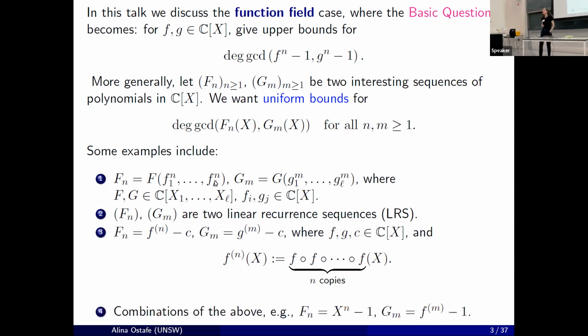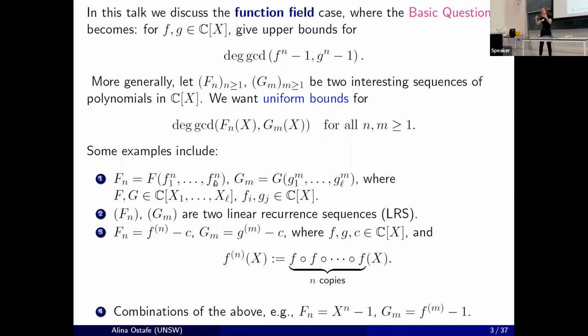Or one can combine all these instances. For example, look at the GCD of x to the n minus 1 and f iterated n times minus 1. So what one looks at here is roots of unity, such that when you take the orbit of a root of unity under f, then this orbit contains at least another root of unity.